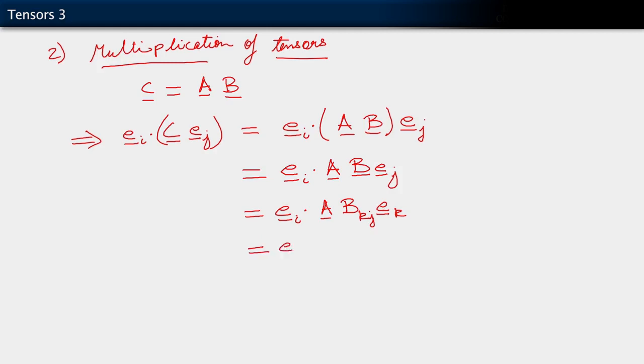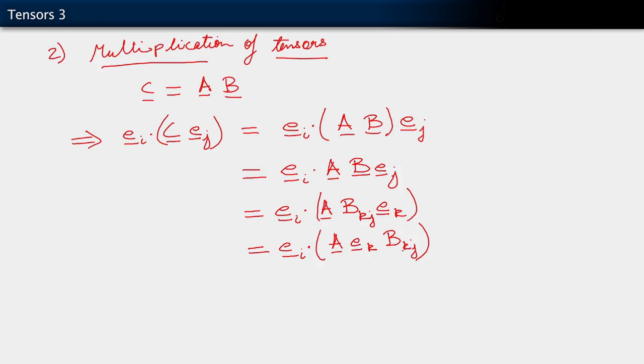So we have EI dotted with, I should probably put parentheses here, A EK, all of this multiplying B KJ, again using the linearity of vectors.